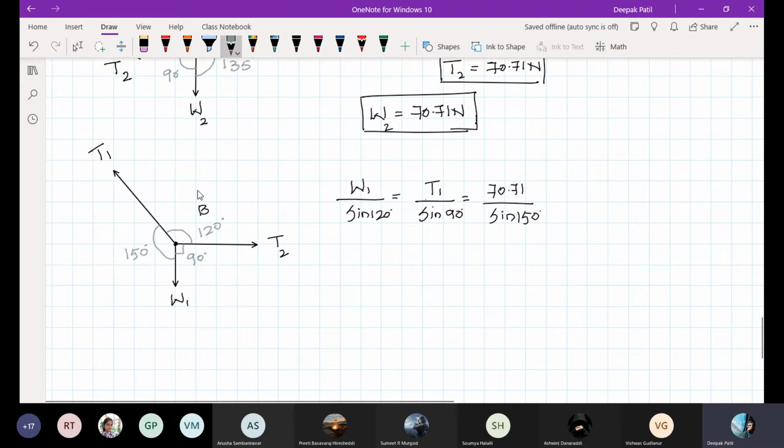Now you can take this and this first and do the cross multiplication. W1 into sine 150 is equal to 70.71 into sine 120. So W1 is 70.71 into sine of 120 divided by sine of 150, which comes out to be 122.47 newtons.